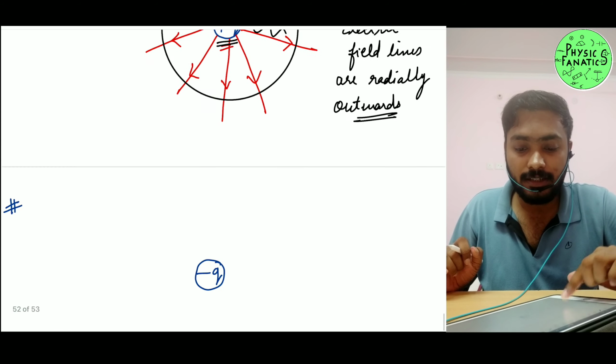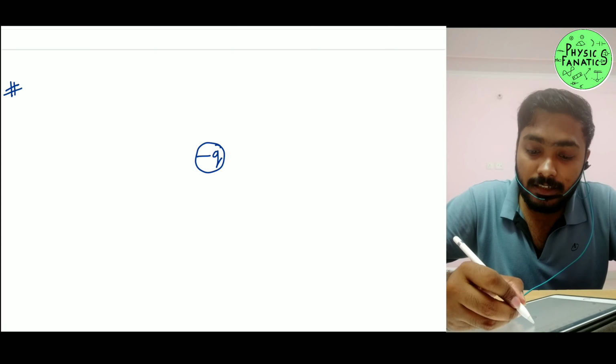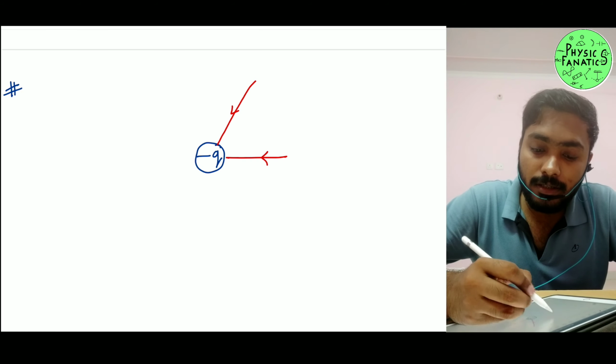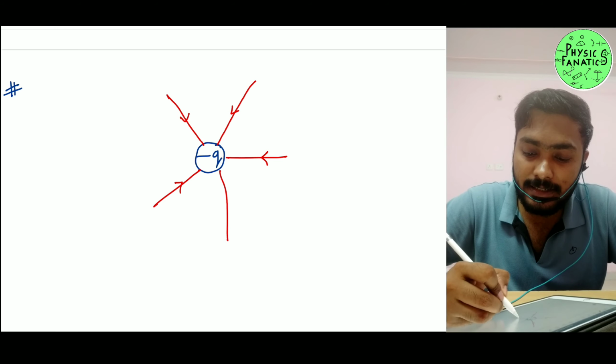Great. So if you have a negative charge, the electric field lines will be radially inward. They will be radially inward. I hope I'm making sense.